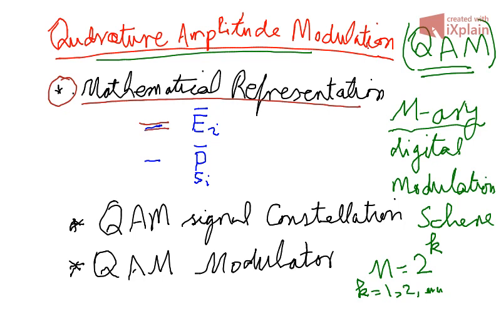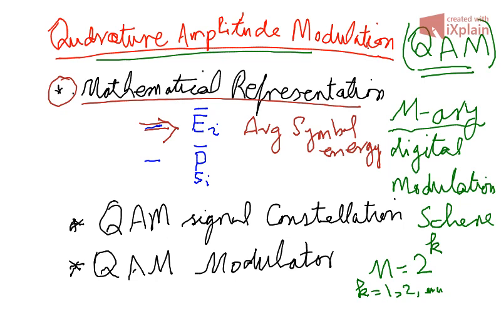This is the symbol energy represented by E sub i bar. This is the average symbol energy. So we'll discuss the average symbol energy of quadrature amplitude modulation.